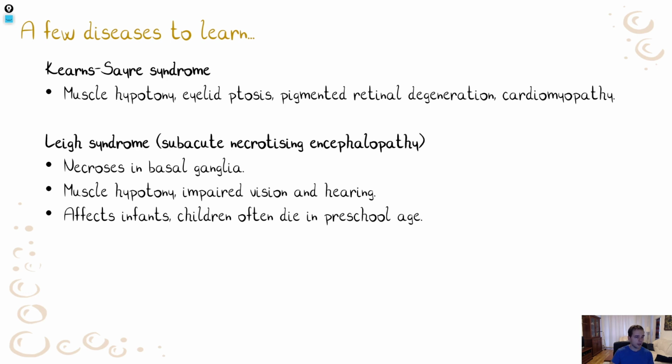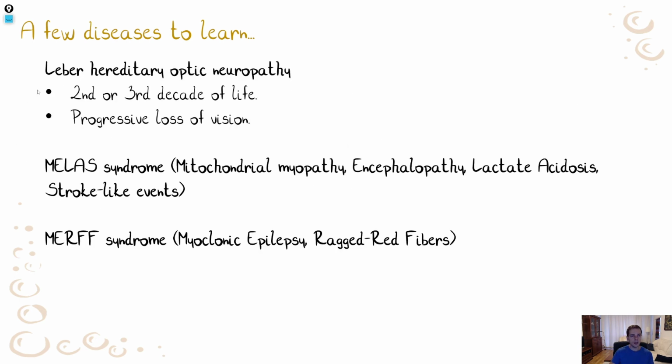And apart from that, there is usually severe muscle hypotony, impaired vision, and impaired hearing. Leber hereditary optic neuropathy is a disease very often associated with progressive loss of vision, and it usually manifests around the second or third decade of life.